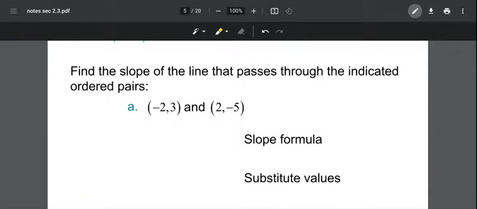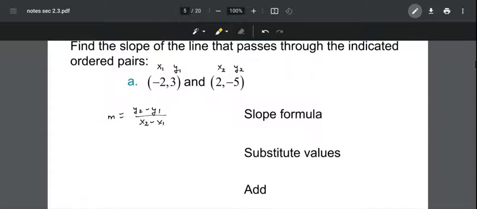So let's rewrite the slope formula. It's equal to y2 minus y1 divided by x2 minus x1. I'm going to label the coordinates of the first point as x1, y1, and the coordinates of the second point as x2, y2, and we're going to substitute the values.